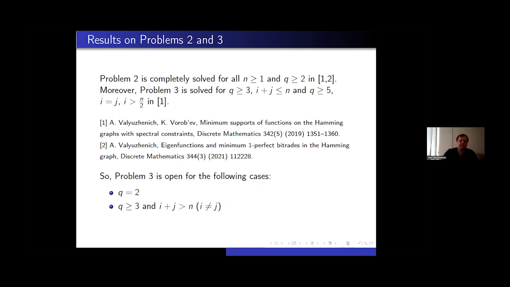So you can see that problem 3 is open for the following two cases, and in this talk we will consider the first case, when q equals 2. So we will consider problem 3 for the hypercube.